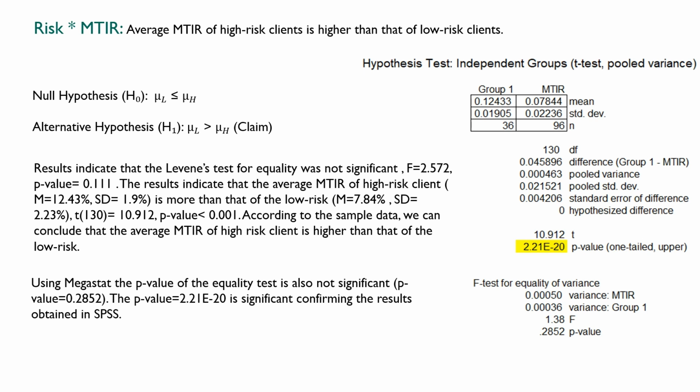According to the sample data, we can conclude that the average MTIR of high-risk clients is higher than that of low-risk. Using Megastat, the p-value of the equality test is also not significant. The p-value of 2.2 times 10 to the minus 20 is significant, confirming the results obtained in SPSS.